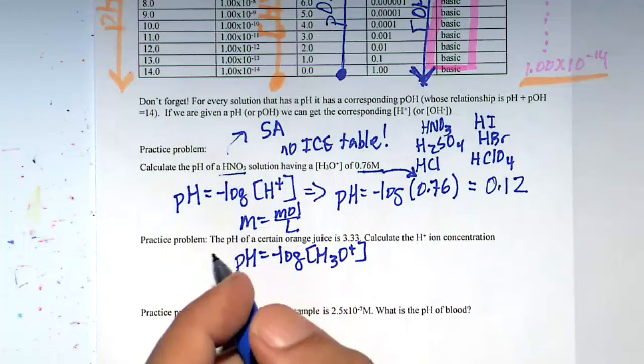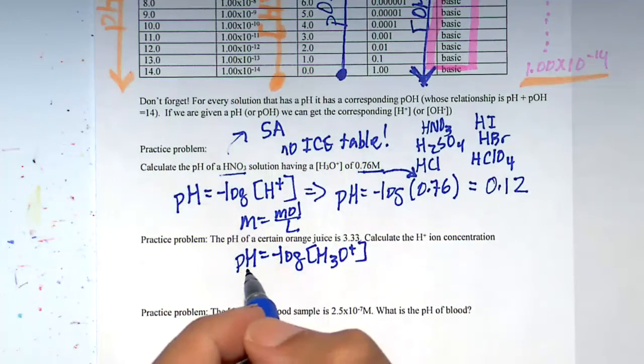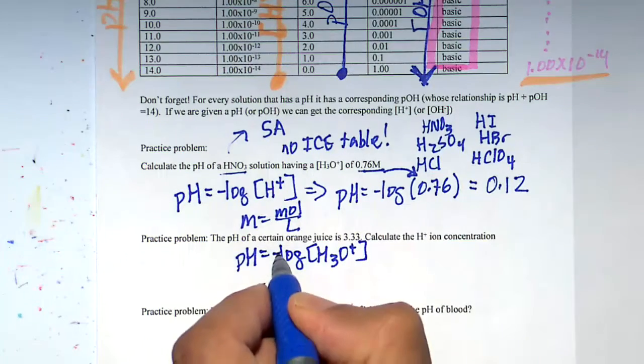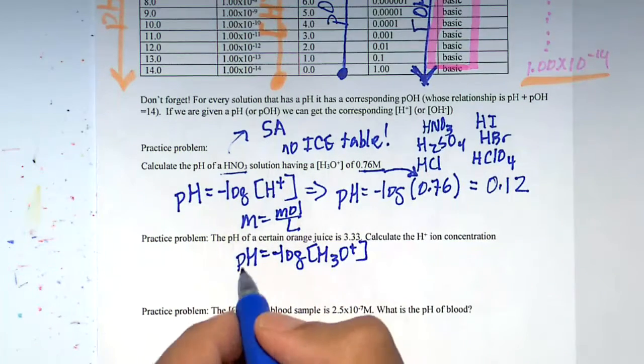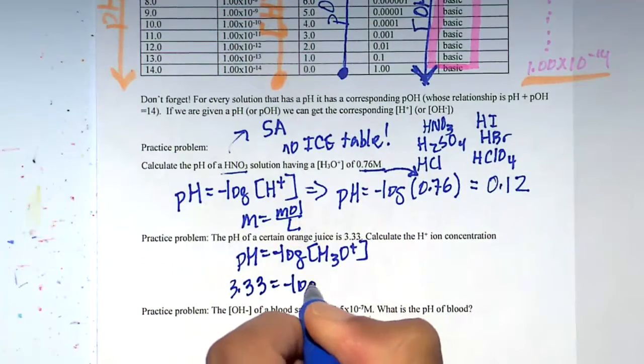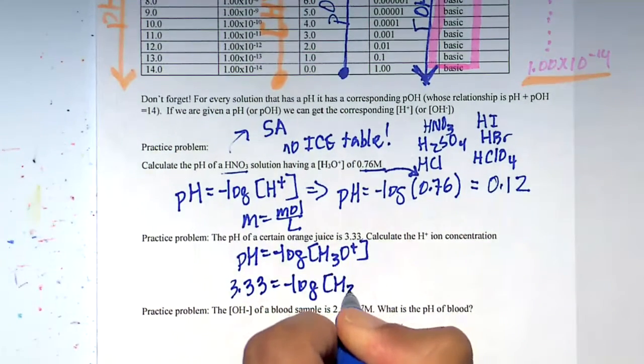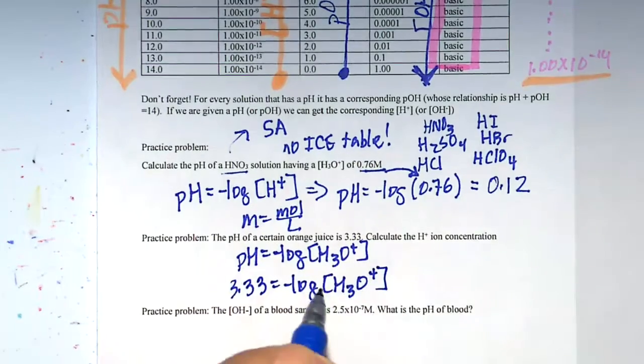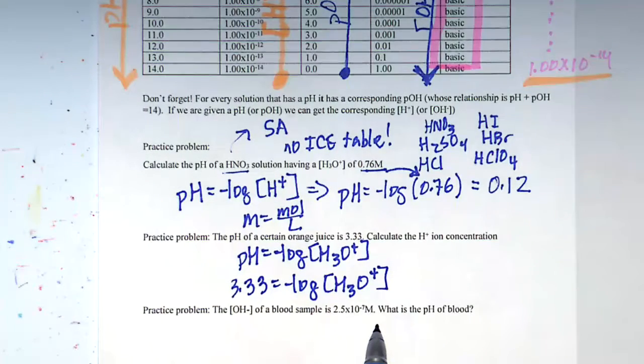But we are not calculating pH. They have already told us that this is 3.33. So we need to calculate H3O+.